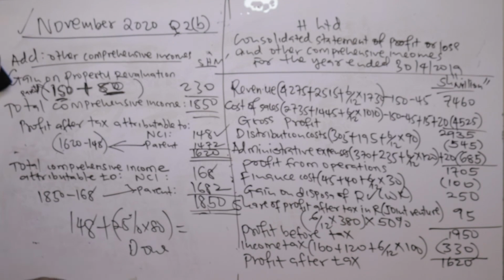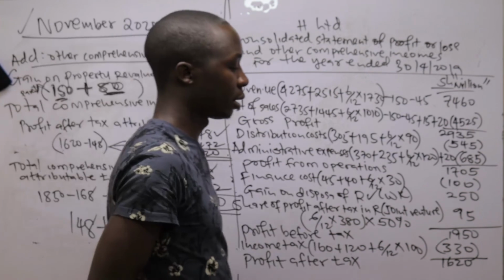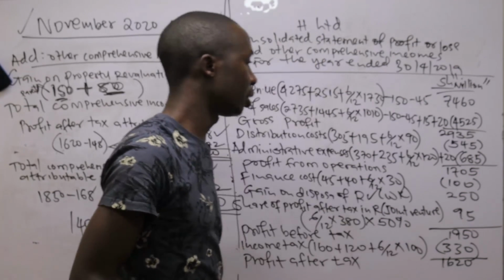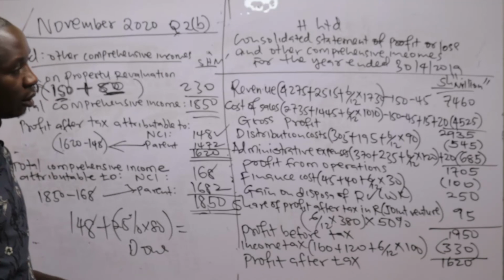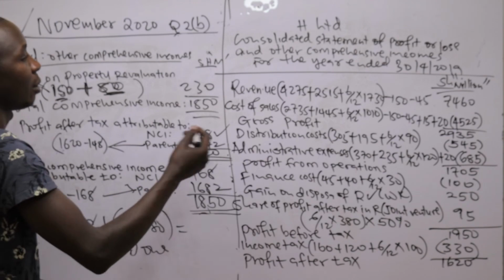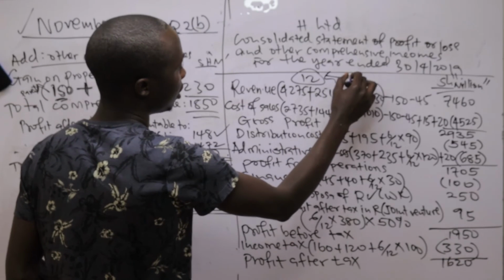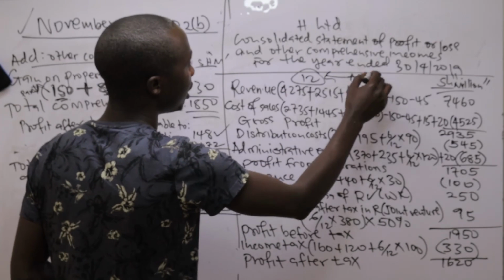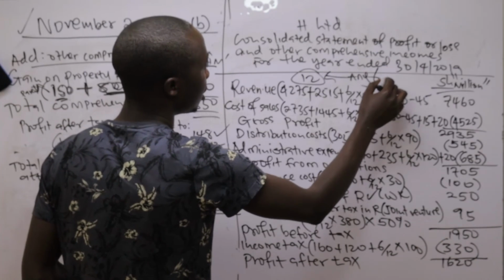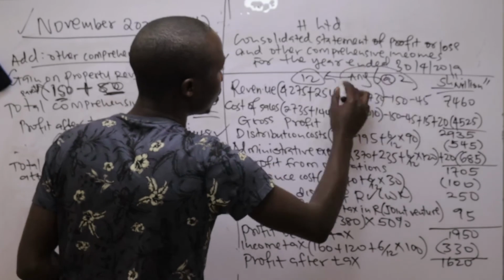So in this question, the examiner was in need of how many marks? 16. Only the statement of profit and loss required 12. So in marking, mostly they say the 12 marks, they could have been in need of any 6 entries at 2 each. So you get your 12.